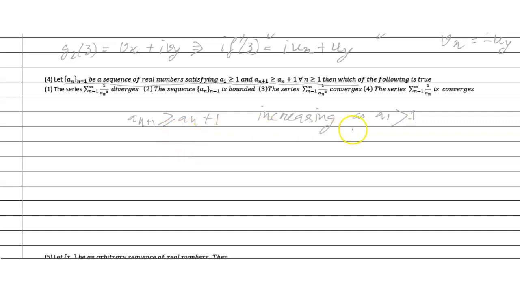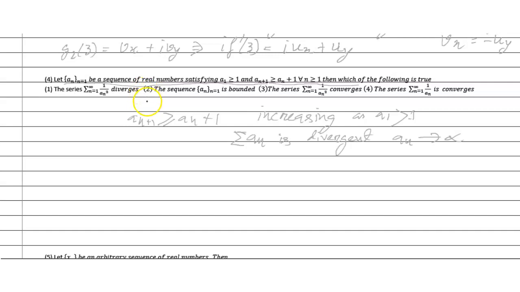So it is an increasing function, so the summation of a_n is divergent, because as n tends to infinity, a_n does not tend to 0.